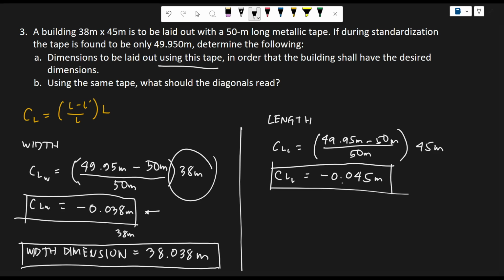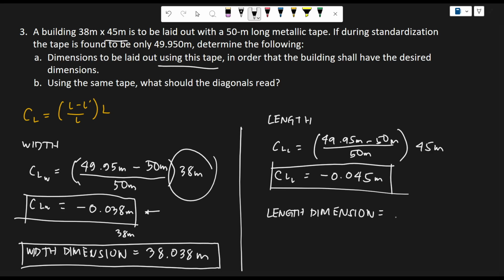So now, again, if we go there into the field and lay out the 45 meters, we know that it will be negative 0.045, too short. And what we're going to do is add this correction so that our measurement in the field will be exactly 45 meters.